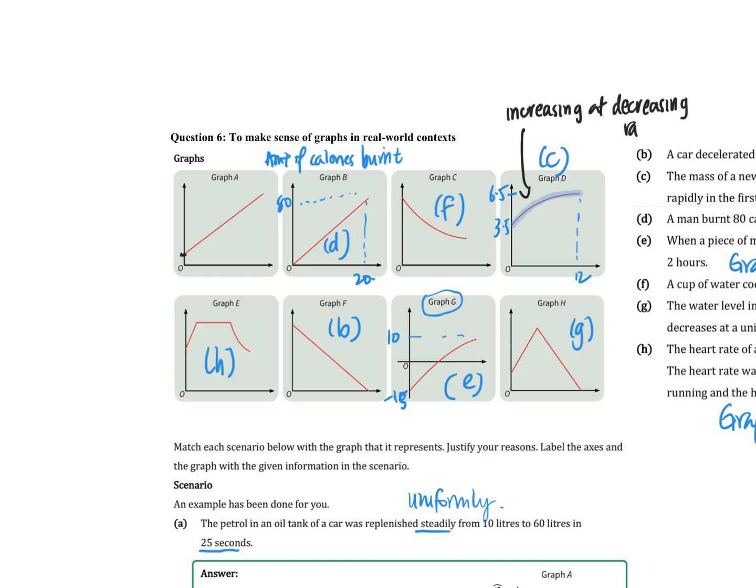So we want to know how the shape looks like, that's all. What about this one? It is decreasing. For sure it's decreasing. But what kind of rate? When you are stuck, try to visualize the gradient line. Is it becoming gentler? Decreasing at a decreasing rate.